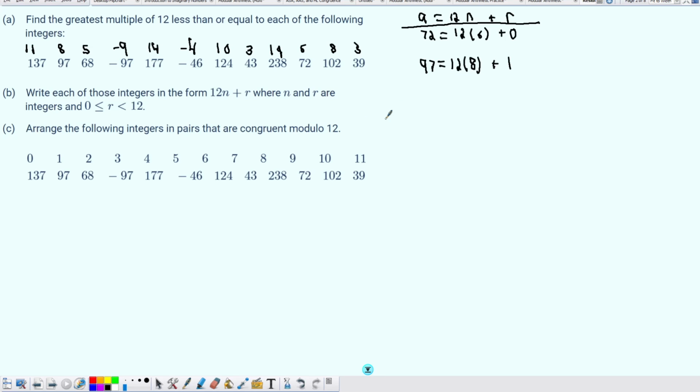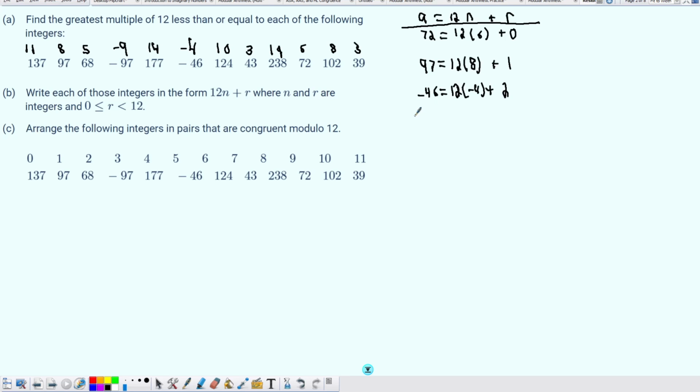Next one is going to be negative 46, which is equal to 12 times negative 4 plus, well, 12 times negative 4 is negative 48, so it would have to be plus 2 to get us negative 46.